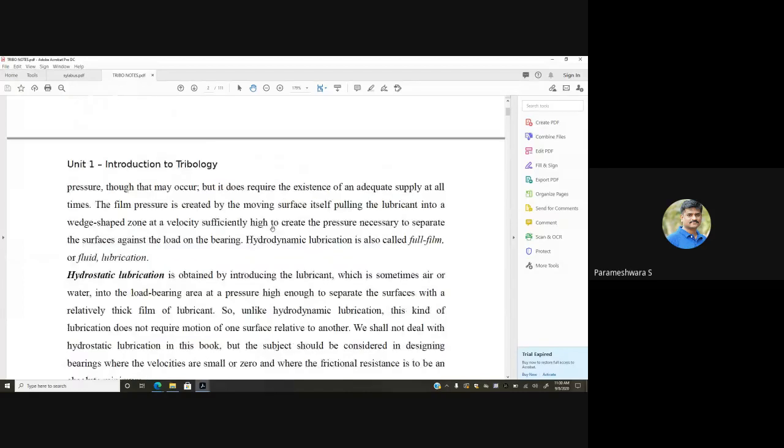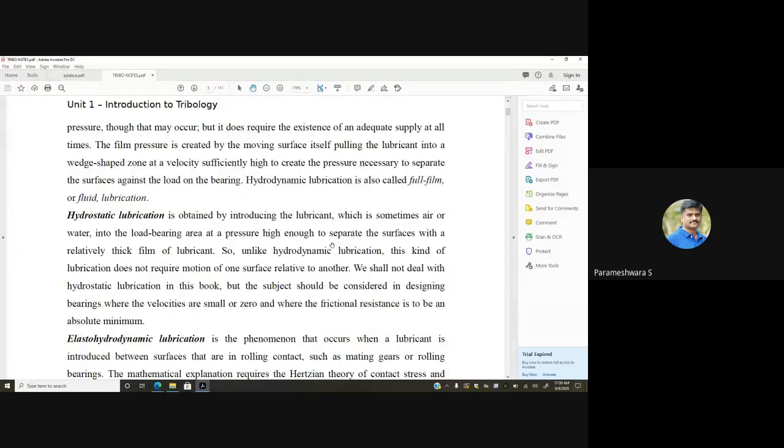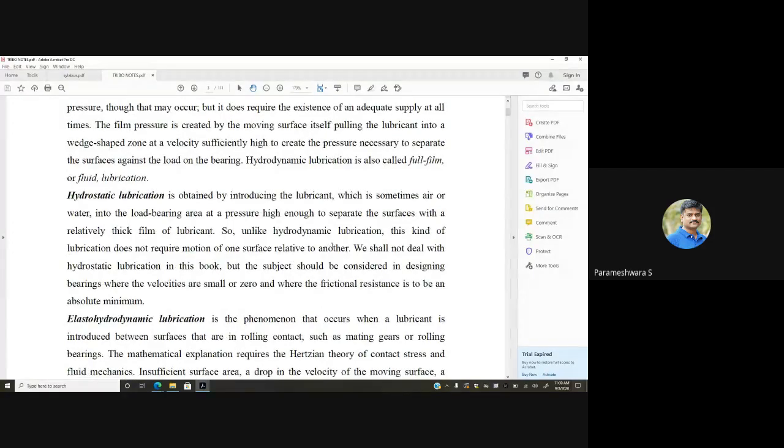The next one is hydrostatic lubrication. Normally it is observed in thrust bearings, vertical bearings. In hydrostatic lubrication, a lubricant is supplied to the bearing by means of external pressure.